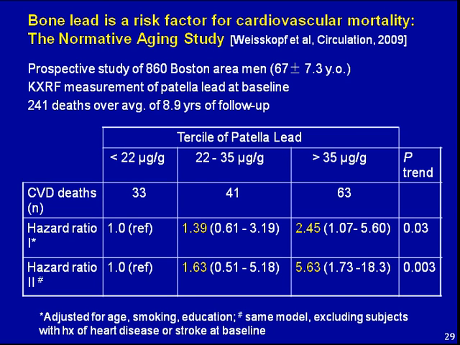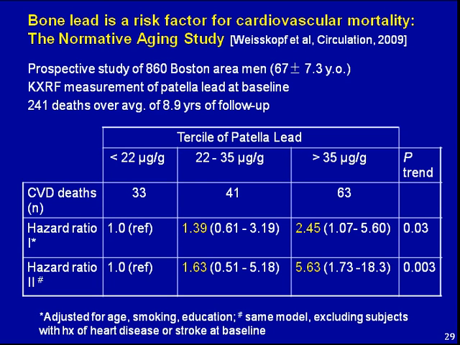Looking at the middle column of this table, which shows the hazard ratios according to tercile of patella lead, if you go to the far right, those in the highest tercile had a 2.45 increased risk of dying from cardiovascular disease compared to those in the lowest tercile.